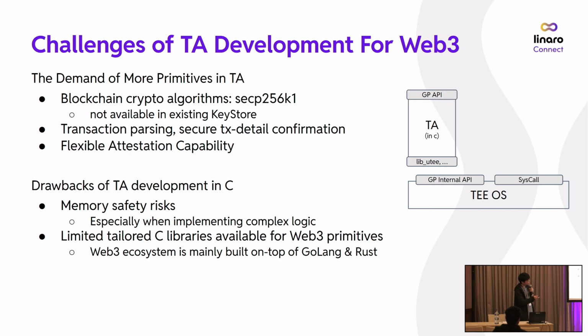For example, secp256k1 is not available in existing keystore, meaning that we cannot reuse the existing well-defined keystore functionalities. We also need to implement a lot of Web3 related logic in the trusted application, like transaction parsing, mnemonic handling, and transaction detail confirmation. And also in the DePIN case, we need flexible attestation capabilities.